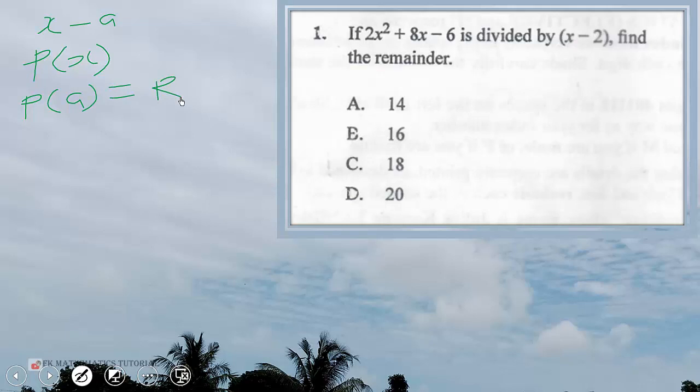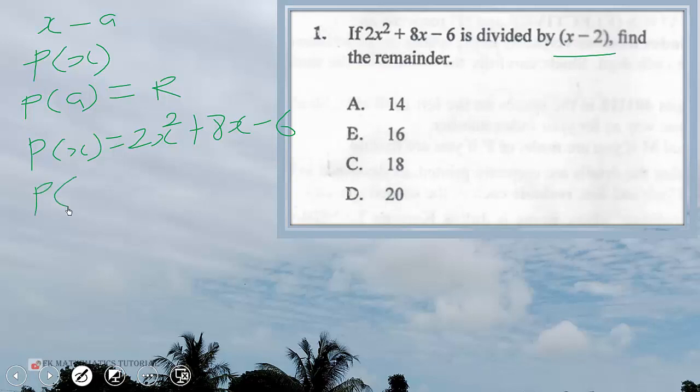So our p of x here is equal to 2x squared plus 8x minus 6. The factor given to us is x minus 2, so a here is equal to 2.